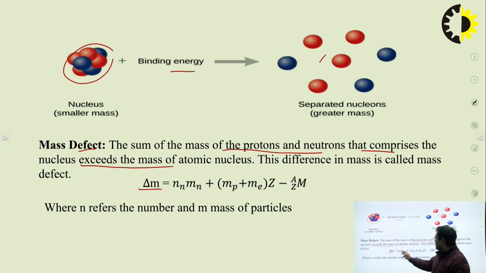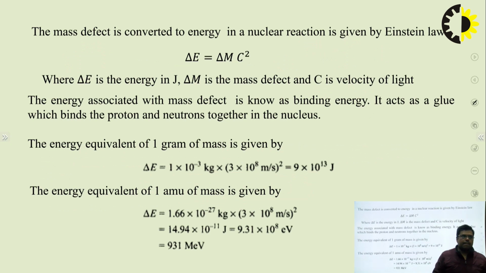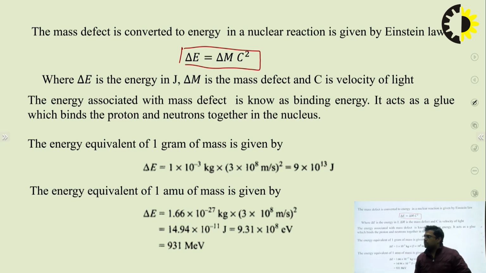Mathematically, it is the mass of neutrons plus the mass of protons plus the mass of electrons times the atomic number, minus the actual weight, and that difference is known as the mass defect.